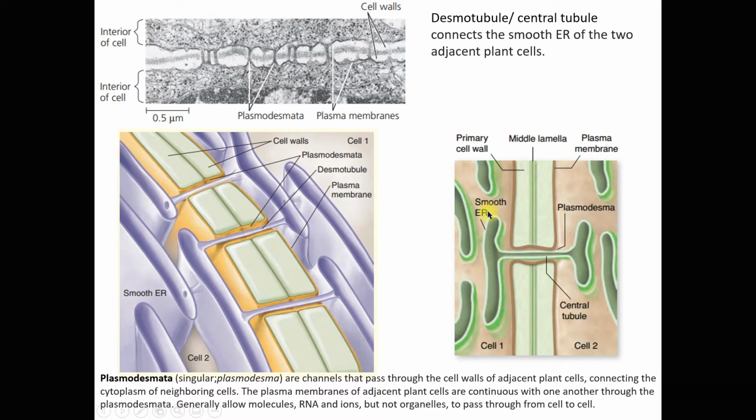And apparently these two endoplasmic reticulum, they are connected between two adjacent cells. And these two endoplasmic reticulums of two adjacent cells are connected via central tubule. Boleh nampak central tubule ni, or desmotubule. Do not confuse desmotubule with desmosome.